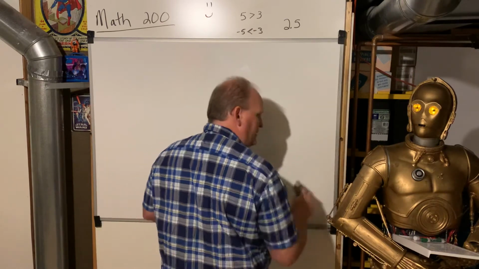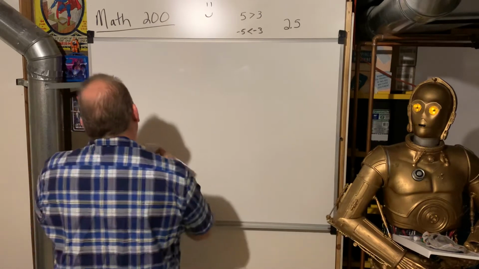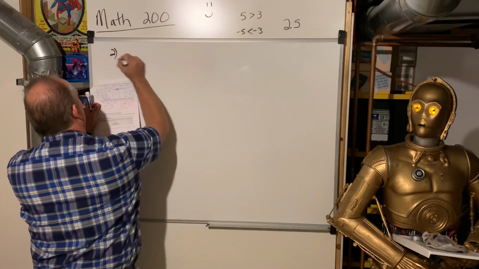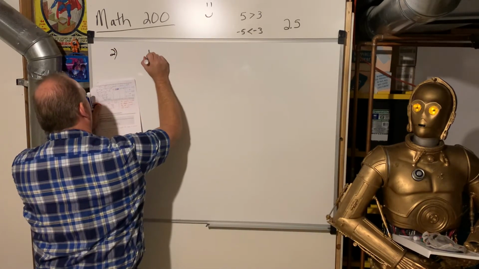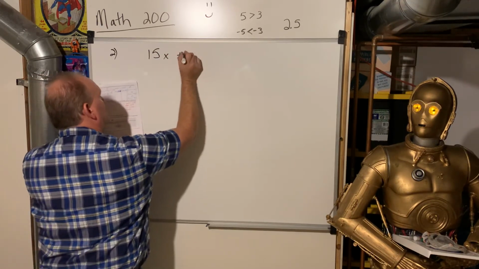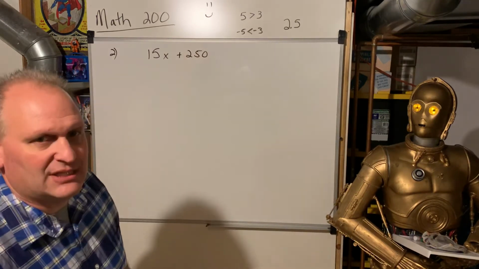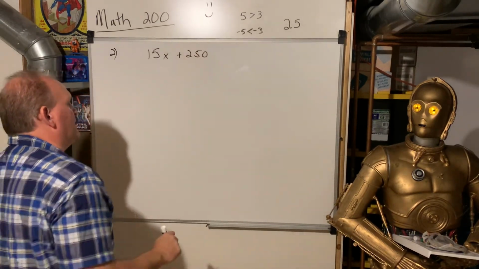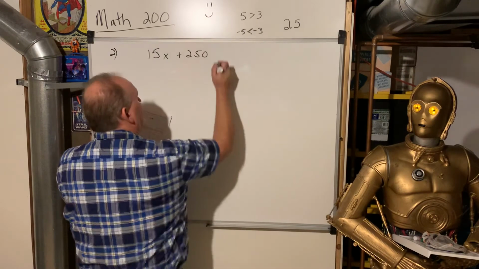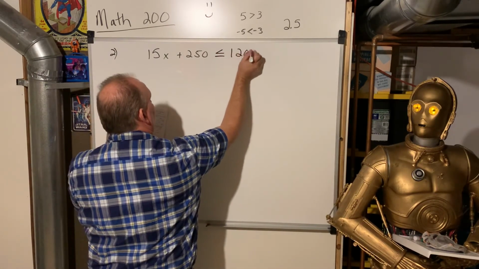So, but to tie this concept into the real world, we'll do, what is it? So it's $15 per person, so x are the people, plus $250. It's $250 no matter what. If one person shows up or 60 people show up, it's $250 for setup. And that's got to be less than or equal to $1,200.